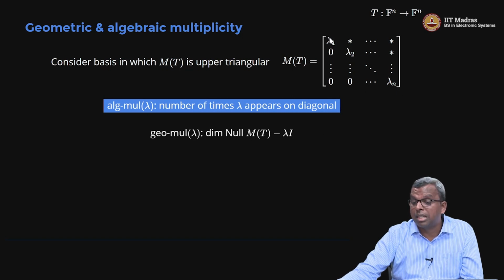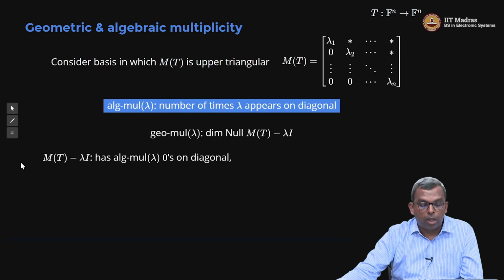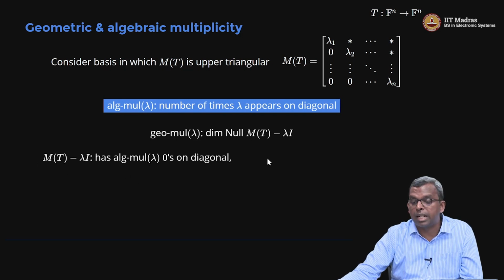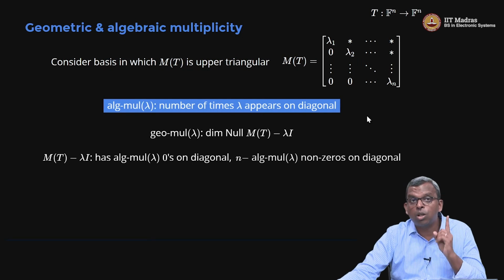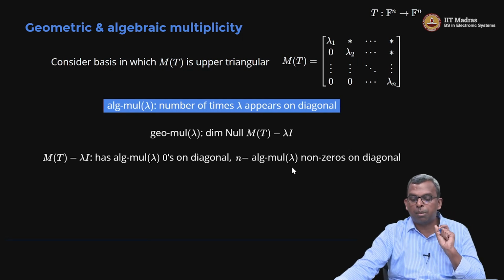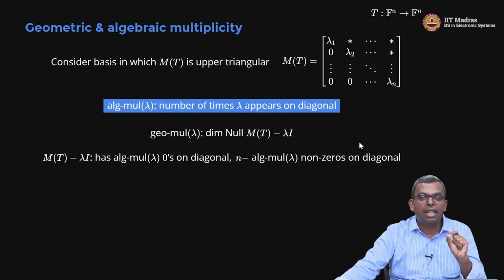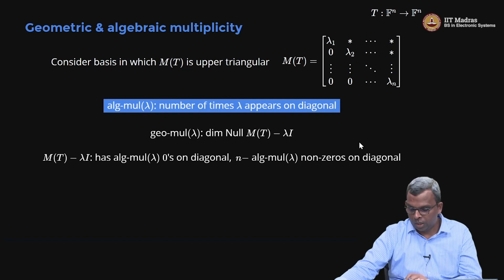Remember, the lambdas themselves occur on the diagonal, algebraic multiplicity number of times. So the matrix of T minus lambda I has exactly as many zeros on the diagonal as lambda's algebraic multiplicity. How many times lambda appears, that many zeros will be there on the diagonal. What will be the other entries? They will all be non-zero. So n minus the algebraic multiplicity of lambda entries will definitely be non-zero on the diagonal.